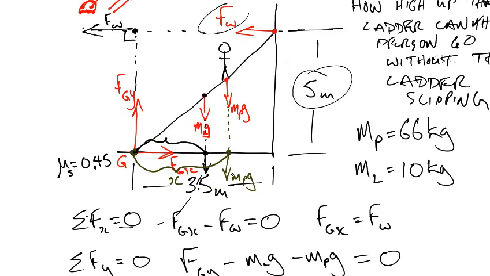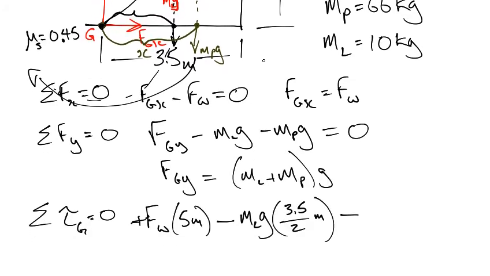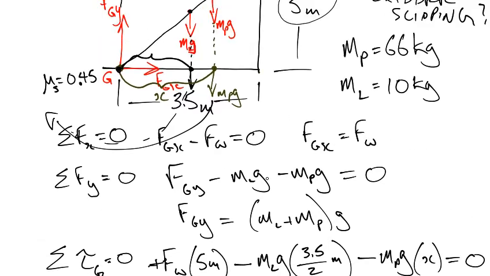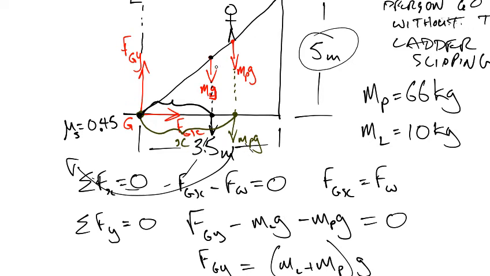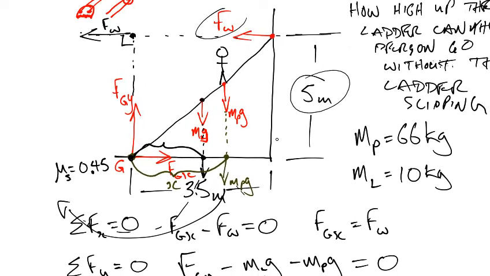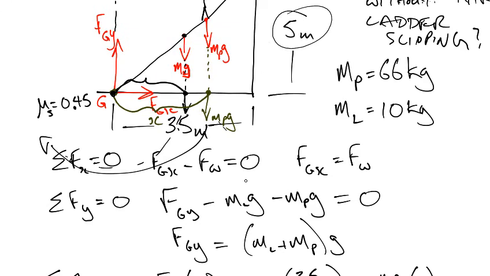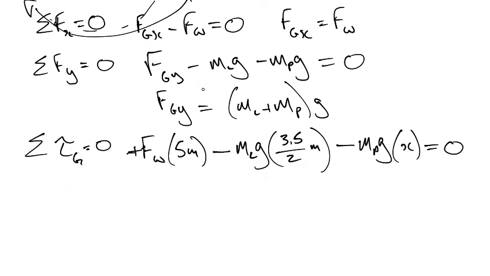And I hope you understand why I'm saying it's clockwise. About point G here, this force is going to produce a clockwise rotation. And so, therefore, that's the reason for my negative. Okay? So, let's go MPG multiplied by x. And, of course, this all equals 0 because there's only 3 forces left, right? 1, 2, 3.